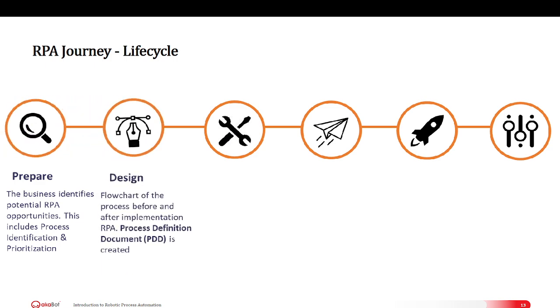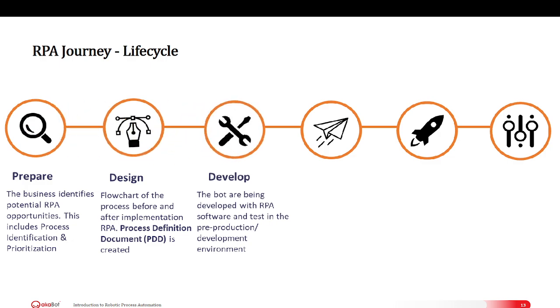Then, we will design the flowchart of the process before and after implementing RPA. So we have a document, we call it the PDD, the process definition document, which is created and used by the business analyst.